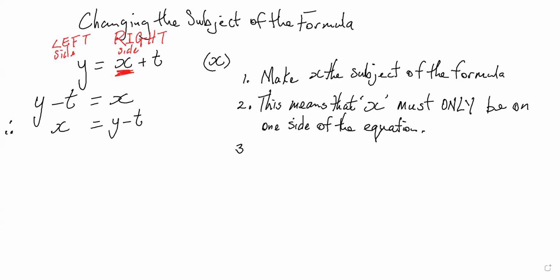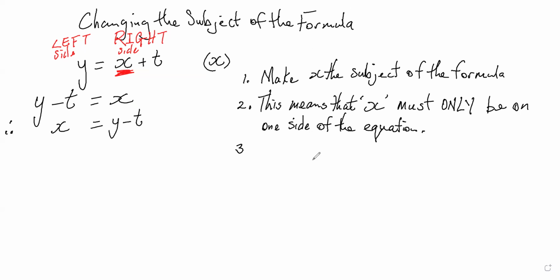I will go over what I just did so that people understand. What we are doing is changing the subject of the formula. The first step is, if we are finding for x, we have to remove the t. So the x must be on one side alone, only.